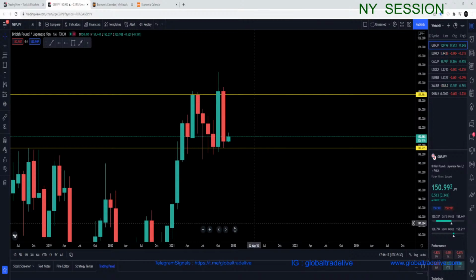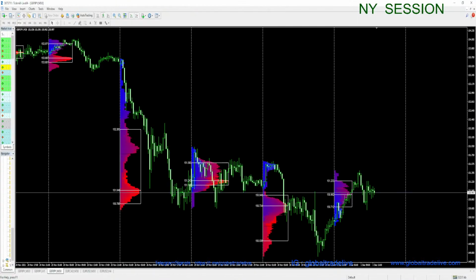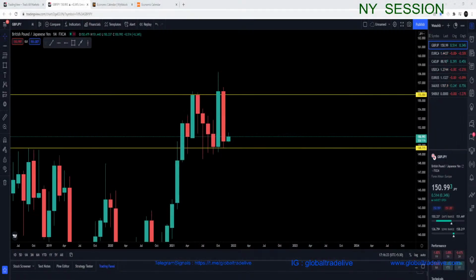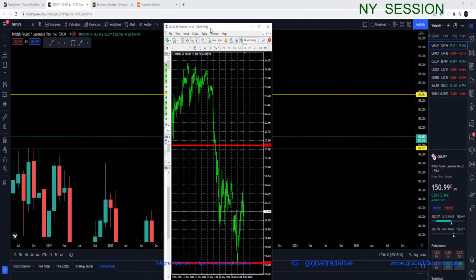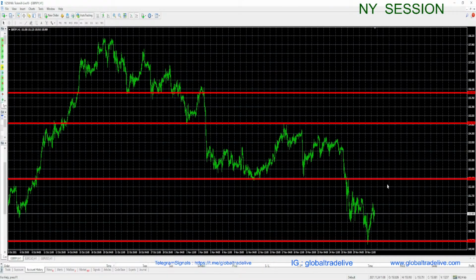So if we are expecting the market to move down to 149.715, then according to this graph it should be going down to this level again. But what I'm also expecting is price moving up to this level, testing this area, and then it should go down to test this level, and this should be done within 1 month.